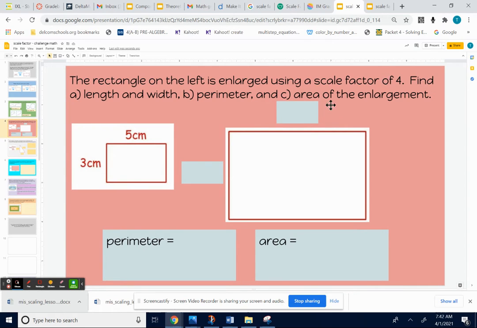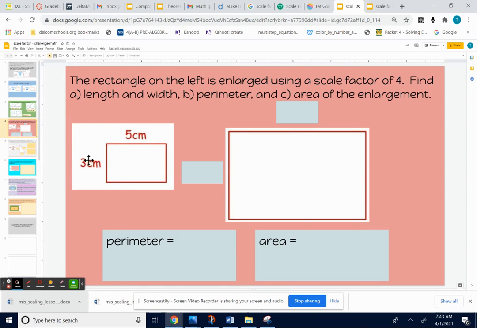So for example, in this problem, you have a rectangle that's 3 by 5. We want to be able to know how to find the new length and width, the new perimeter, and the area of the new shape just by the fact that the scale factor is 4.